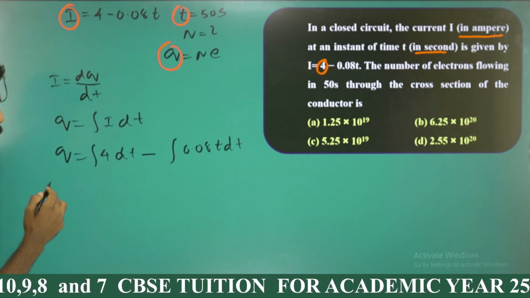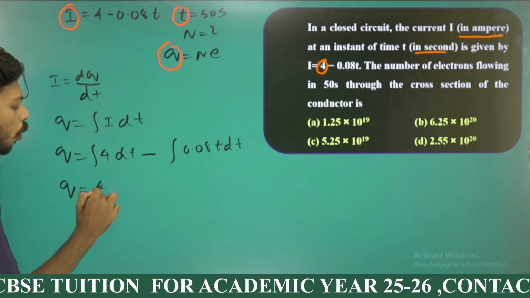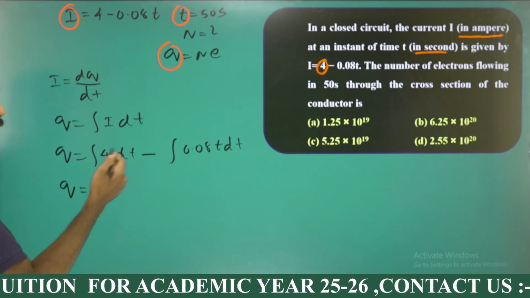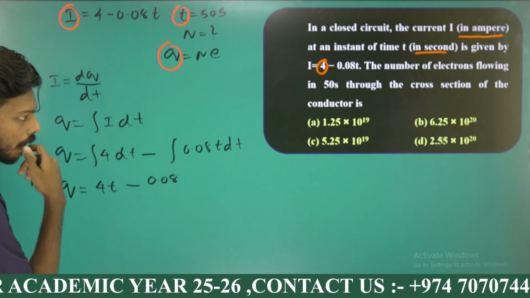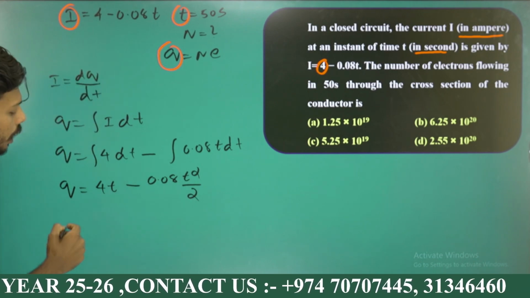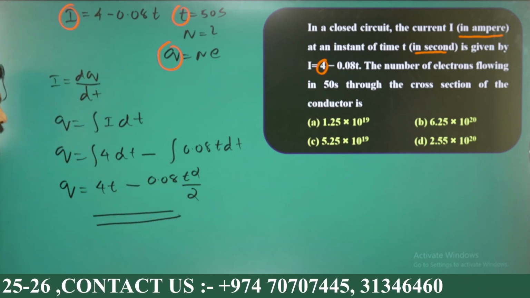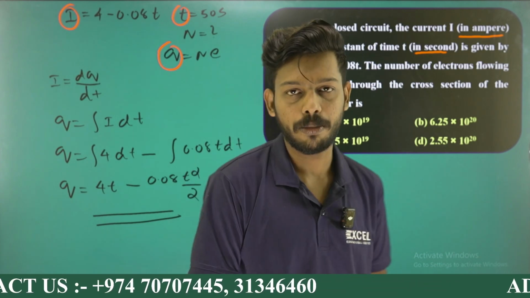While we are integrating, we will get something like this. Q is equal to 4t for the first term, minus 0.08, and the integral of t will be t square by 2. This will be the result of integration. Q is equal to 4t minus 0.08 t square by 2.